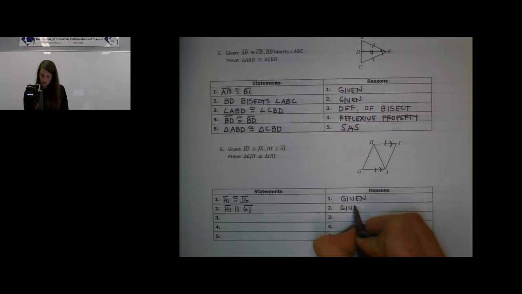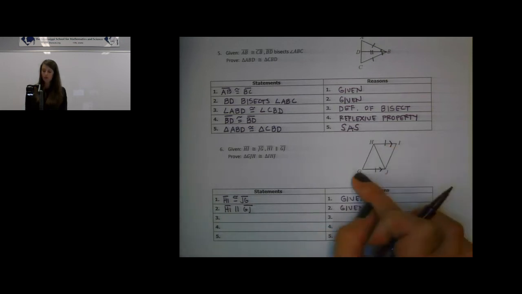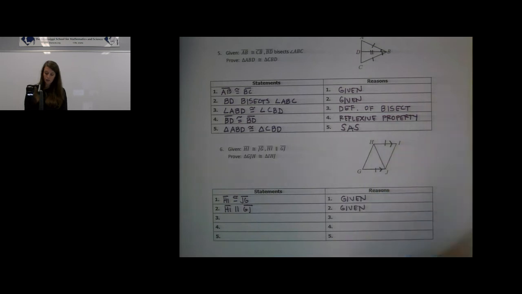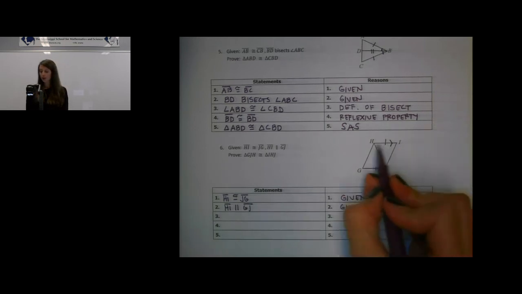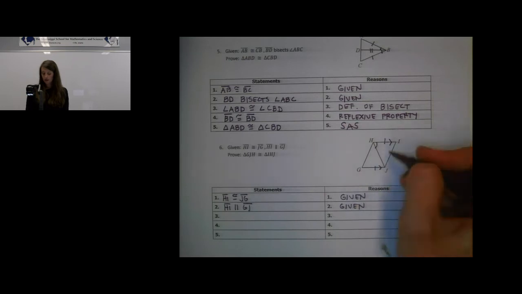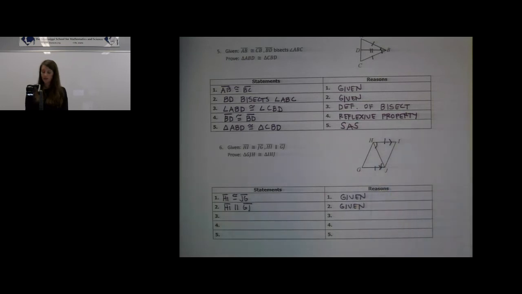All right, so what does that mean now? If those two lines are parallel, then what does it say about this angle and this angle? Are they going to be congruent? Okay, so if they're parallel, remember that alternate interior angles are going to be congruent.